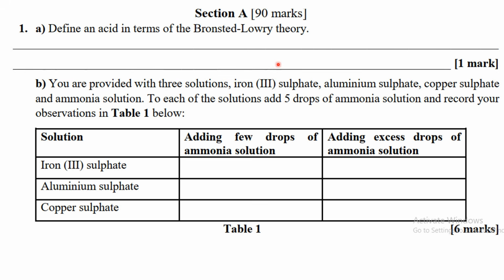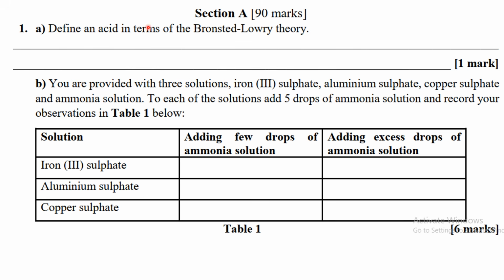That's quite okay. That's called the Arrhenius theory of an acid. But the question is not asking for the Arrhenius definition of an acid, it's asking for the Bronsted-Lowry theory.